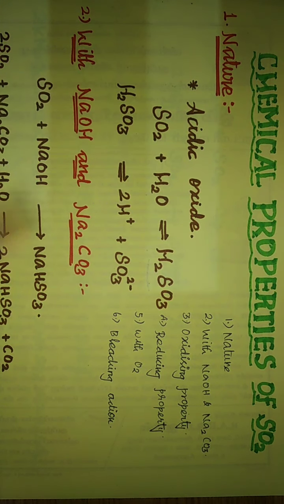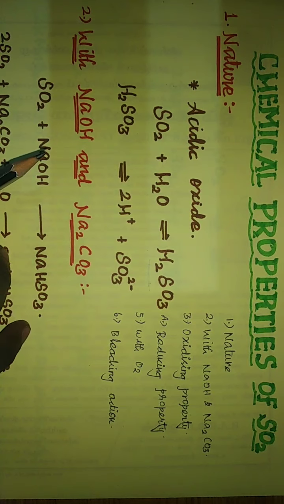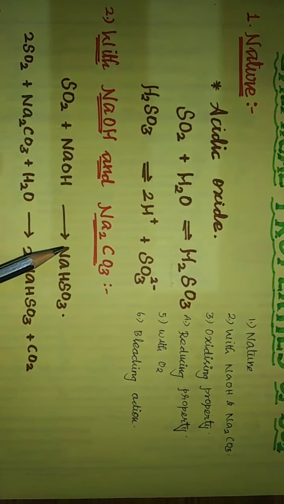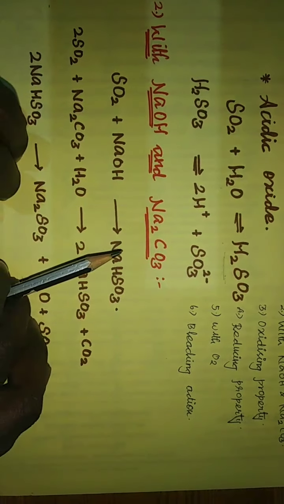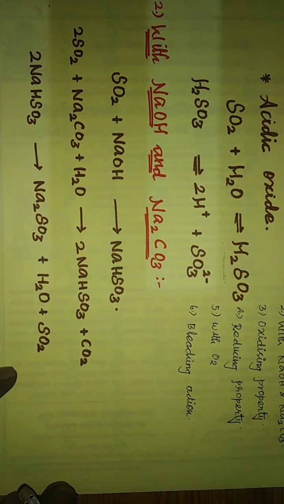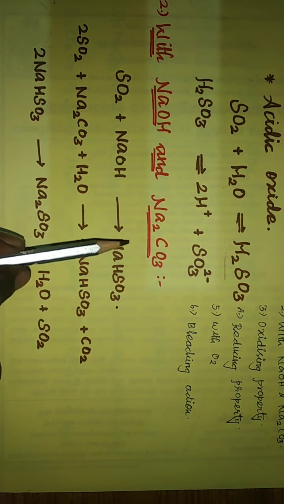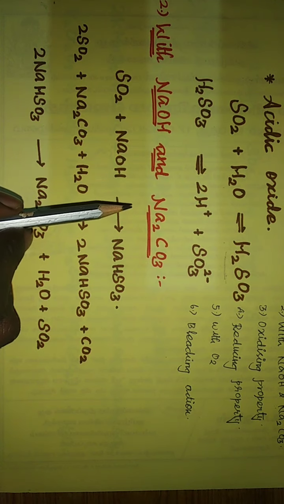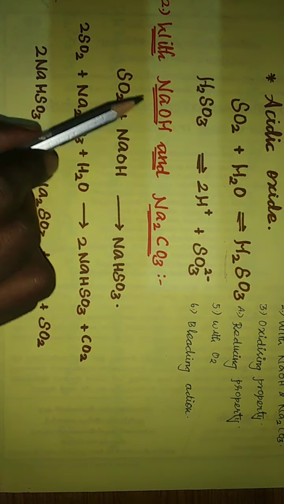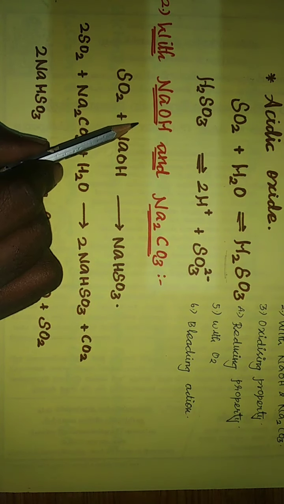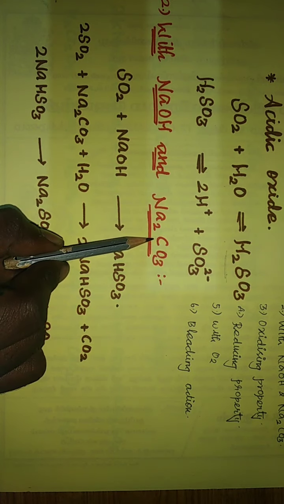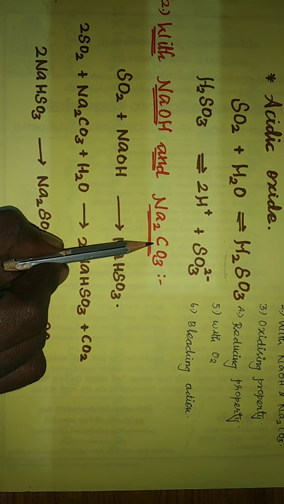The second chemical property we are going to discuss is the reaction of sulfur dioxide with sodium hydroxide and sodium carbonate. NaOH is the formula for sodium hydroxide and Na2CO3 is the formula for sodium carbonate.